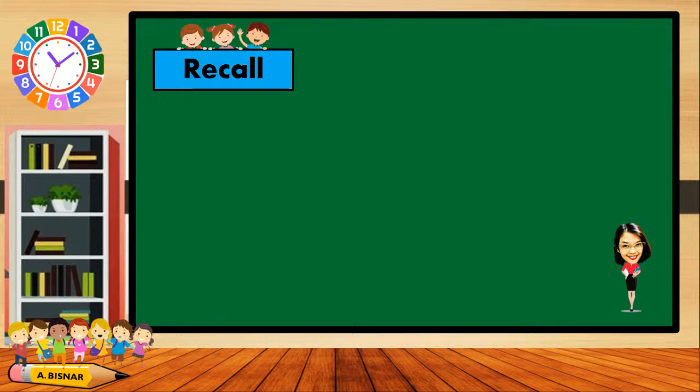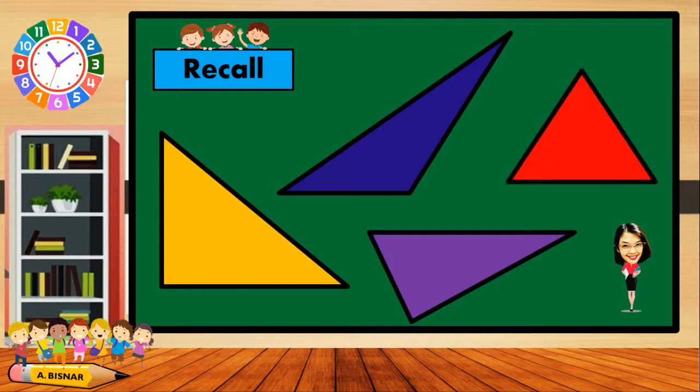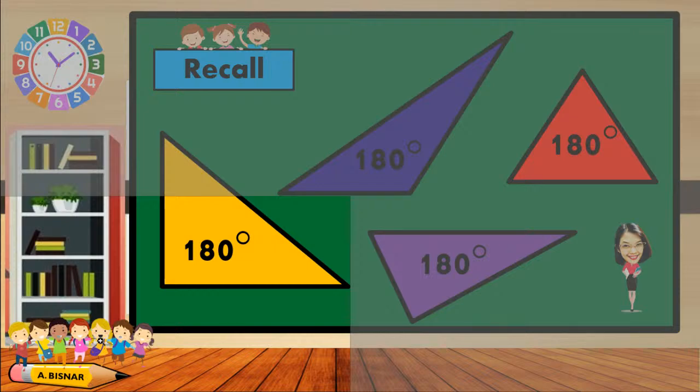So, you have to put in your mind that the measurement of all the angles of a triangle will always be 180 degrees. No matter how small or how large it is, as long as it is a triangle, the sum of its angles is always 180.